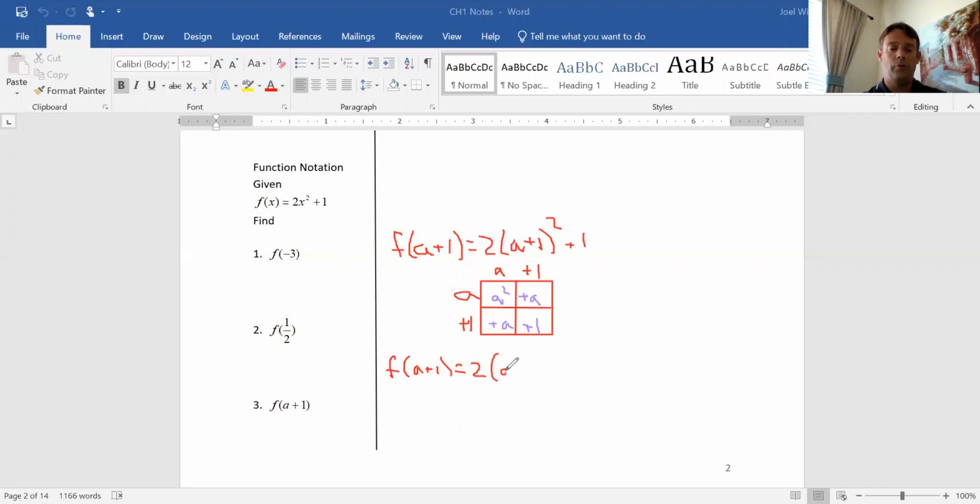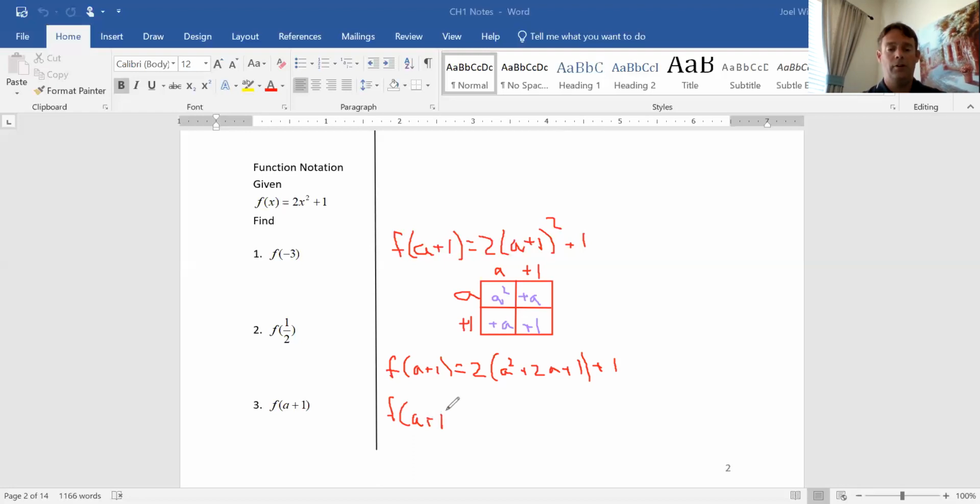So I have a squared plus 2a plus 1. And then another plus 1 on the outside. So we make sure you multiply that all the way out correctly. Like I said, I can't tell you how many times I've seen people multiply.